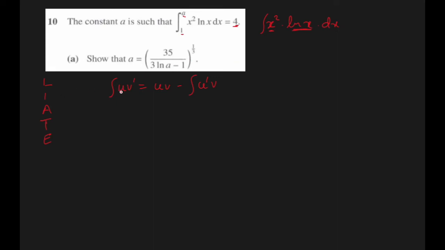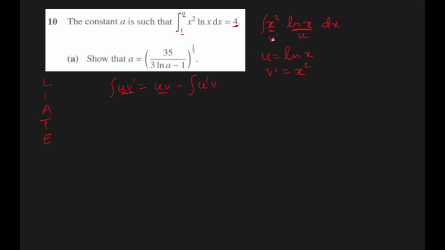So the upper one becomes u, the lower one becomes v prime. So logarithmic becomes u, and algebraic becomes v prime. So let's write here, u is ln x, v prime is x square. Okay, so this is our question. We have to write uv first.